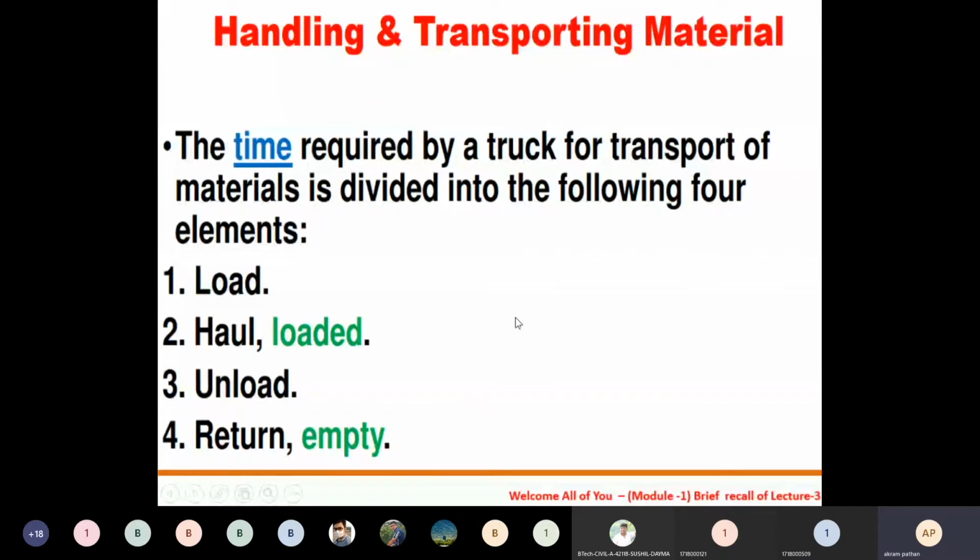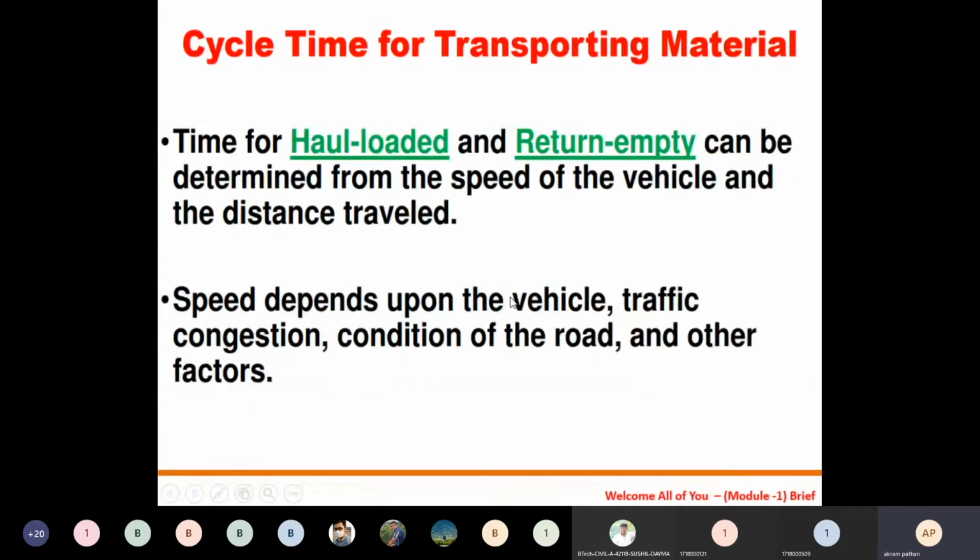After loading, the actual distance is covered by the truck from the site up to your site. Then the unloading. The time we require for loading and unloading is very important from the cost point of view.